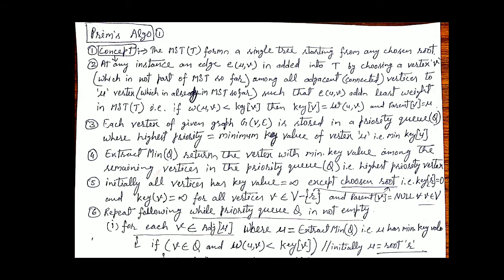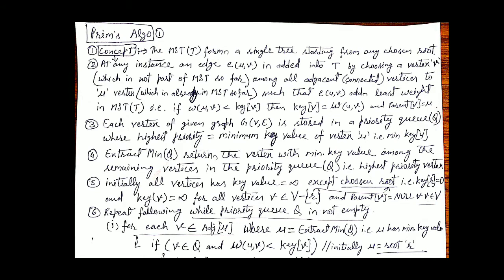Whenever the pre-computed key value of the current vertex so far is greater than the weight of the edge u comma v, where v is to be included into the current MST which has vertex u, then we can include this edge and this vertex into the MST with the key value equivalent to WUV, that is the weight of the edge UV, and we update the parent of v to the vertex u.